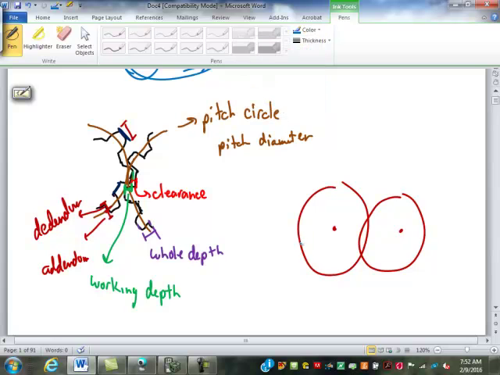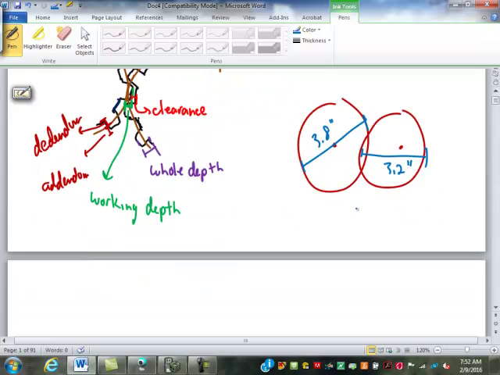Let's say this one has an outer diameter, a full diameter, of 3.8 inches. This one has a full diameter of 3.2 inches. So that's 1.9 and 1.6 for the radii. And the distance between centers is 3.35 inches.